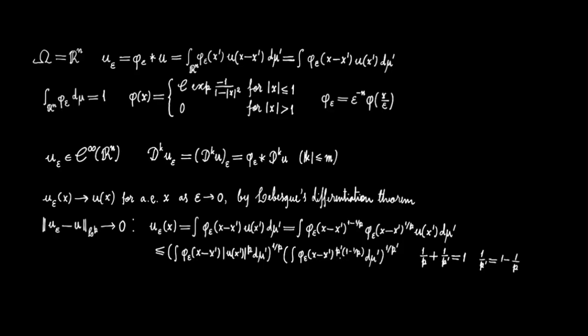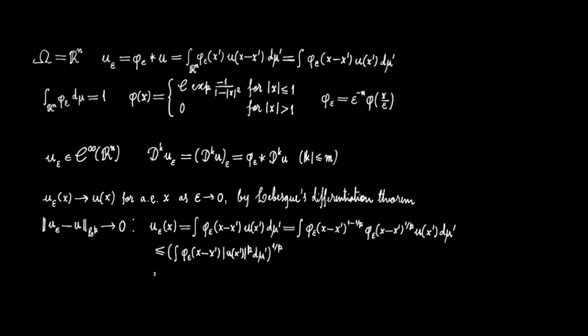But then here we have p prime times the difference, 1 minus 1 over p. And so this is equal to 1. And thus, by the defining property of these mollifiers, this whole term will turn out to be 1.